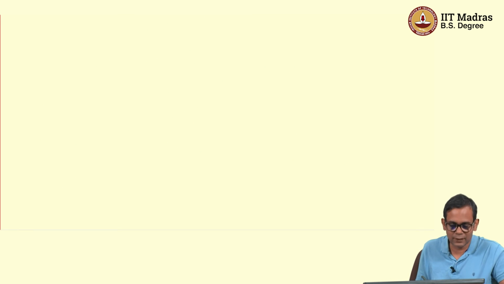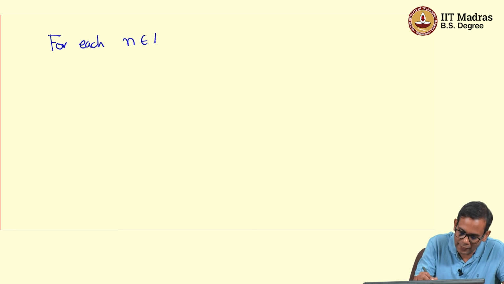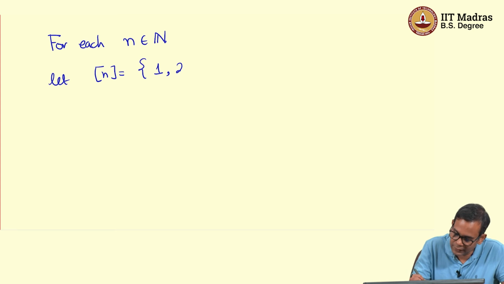Let us look at some special subsets of the natural numbers. For each positive integer n, well, each n in N, I will use box n to define the set of the first n natural numbers.